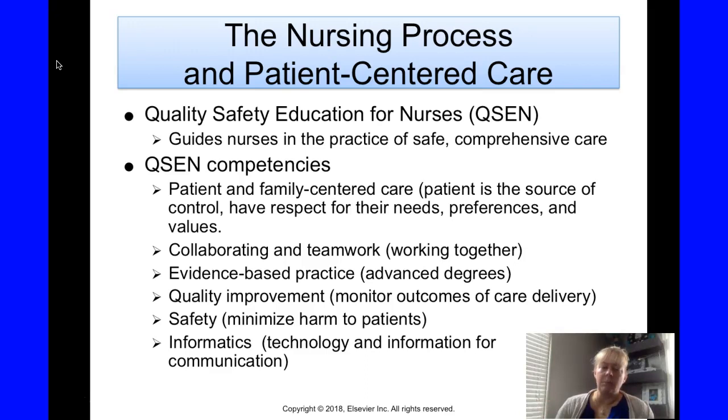So patient and family-centered care. Yes, we want the family involved, but remember we run into situations where the family wants to take over. You have to always remember that the patient is the source of control, that you always ask them. It's a different thing if they're deemed incompetent. That's a completely different thing. But while they can make decisions, let them make decisions.